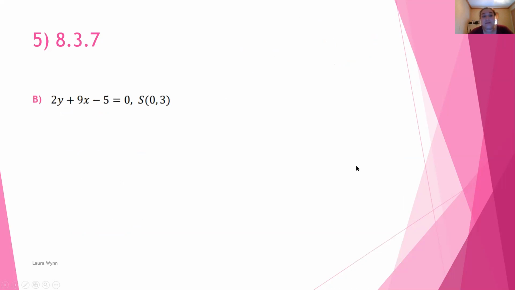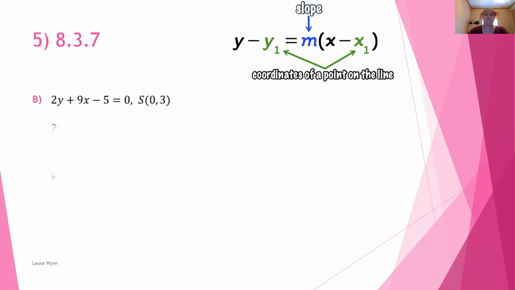Let's do one more. This one is a little different for the simple fact that the equation is not in slope-intercept form. So we are going to have to get it into slope-intercept form so we can figure out what our slope is. Let's work this one out. We have the 2y, and we need to get that away from everybody else. So we subtract 9x and you add 5 to bring it over to the other side.